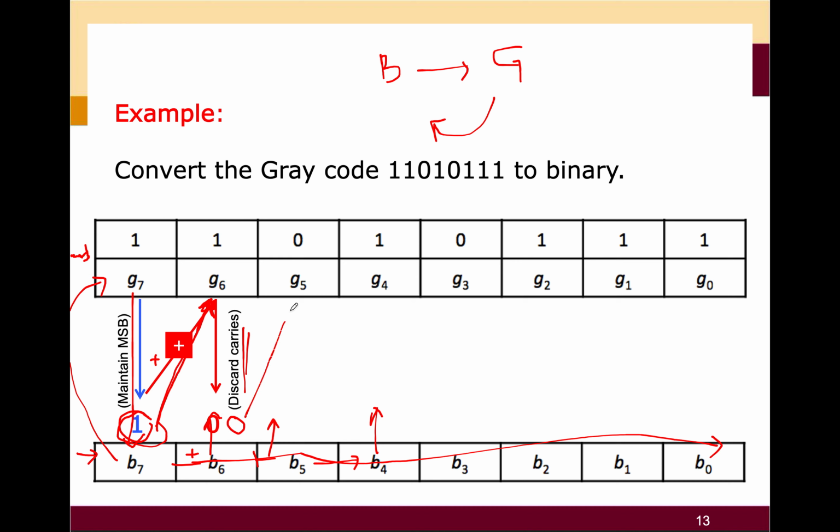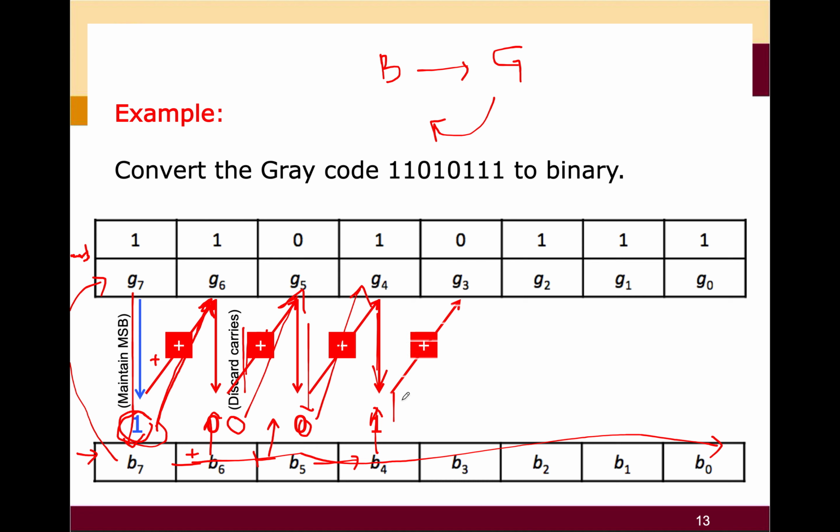And then 0 plus 0, you will get 0 as your binary number. And then 0 plus 1 is what? 1, because 0 plus 1 or 1 plus 0 is 1.